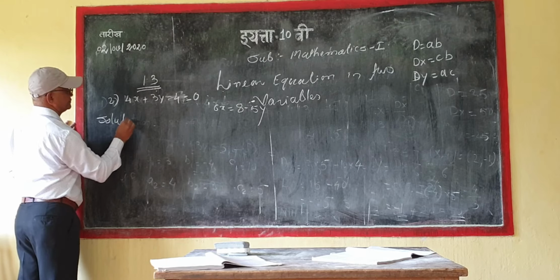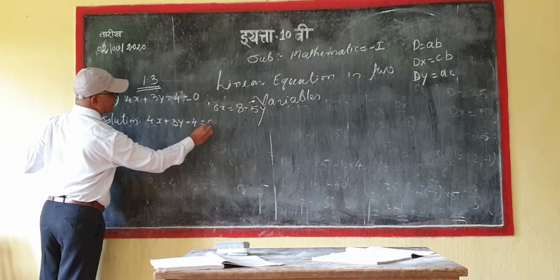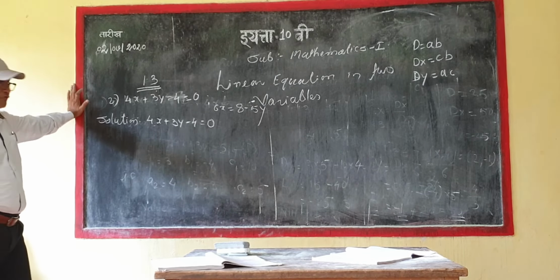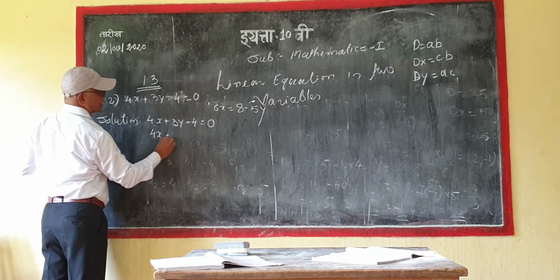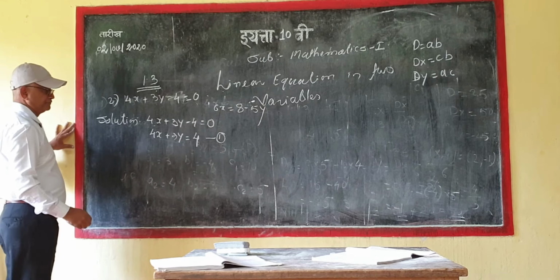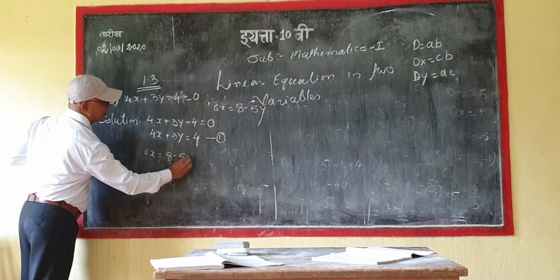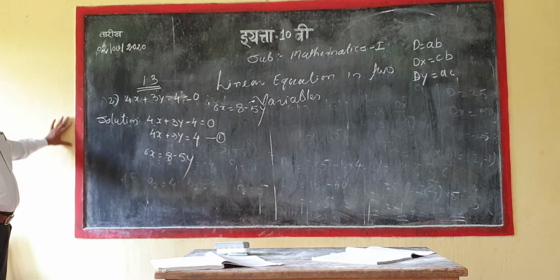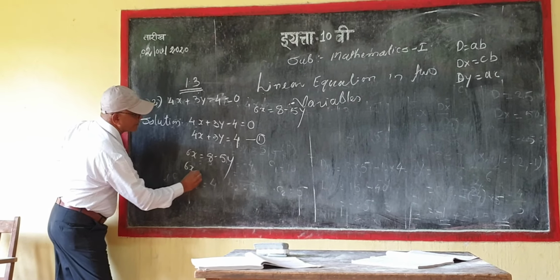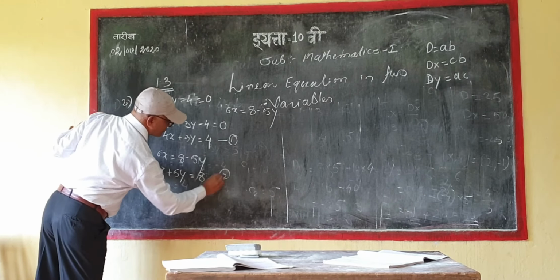Solution. 4x plus 3y minus 4 is equal to 0. First we write the equations in general form. So we get 4x plus 3y is equal to 4, the equation number 1. 6x is equal to 8 minus 5y, the other equation in general form, 6x plus 5y is equal to 8, the equation number second.